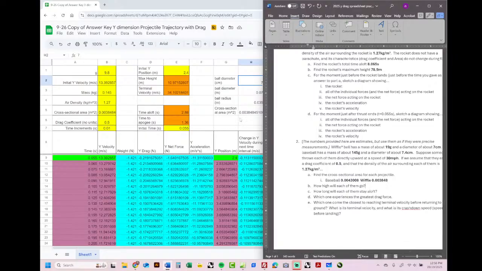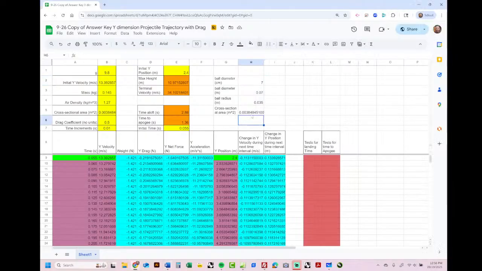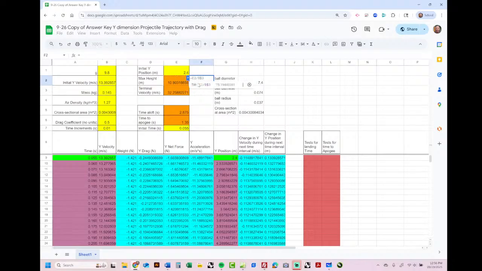How high will each of them go? So what I've got in here right now is, I need to undo that. So I have the right cross-sectional area. This is the baseball. The baseball goes maximum height of 10.9 meters, which, if I divide that by 0.305, is 35 feet. Doesn't seem very high.